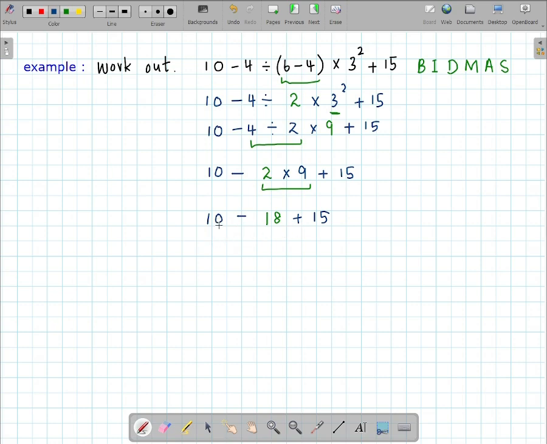So 10 subtract 18, that is negative 8, and 15. Negative 8 add 15, that is 7. Larger one is positive, so answer is 7.